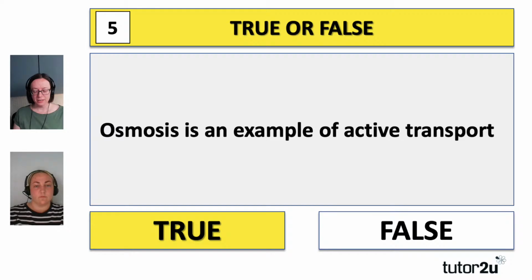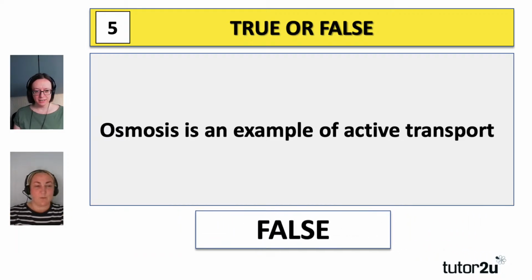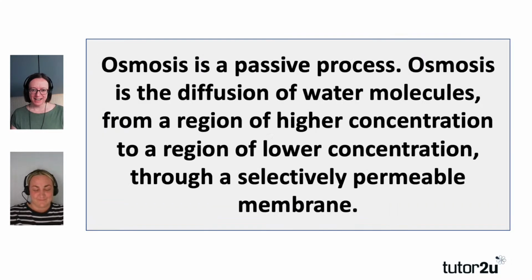So the next one, we've got another key term, osmosis. Is this an example of active transport? True or false? Charlotte's shaking her head again. No. Okay, so osmosis is a passive process. It's similar to diffusion, okay?